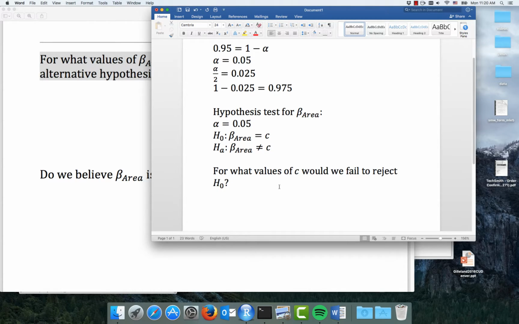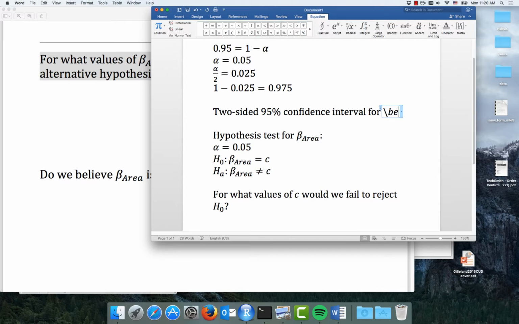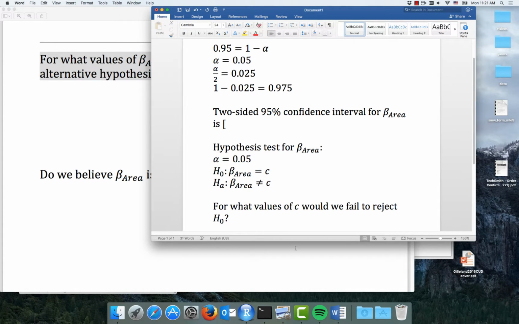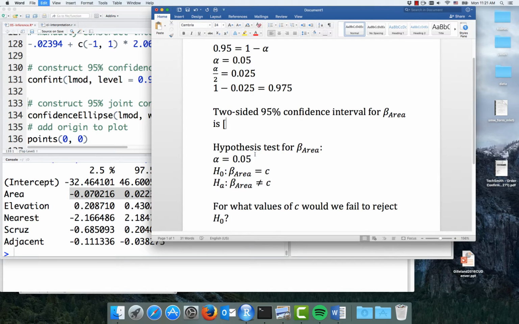And as I mentioned, there's a relationship between this two-sided hypothesis test and our two-sided confidence interval. So our two-sided confidence interval for beta area ran from, and I have the values right here, so I'm just going to copy and paste those over, negative 0.07 up to 0.02.